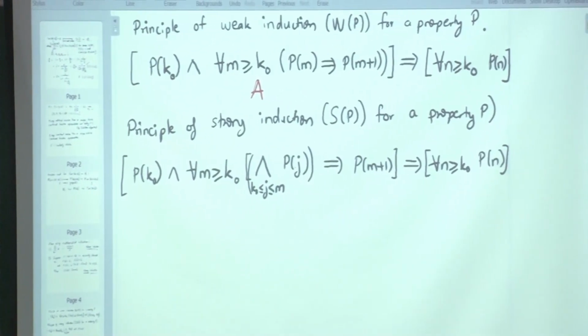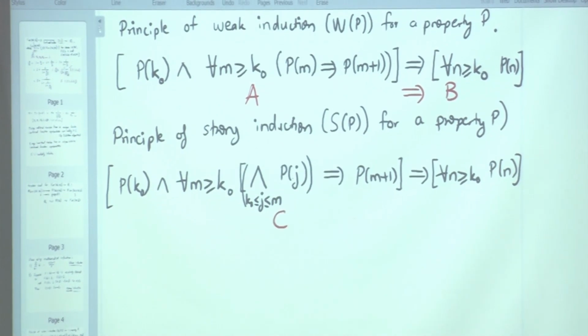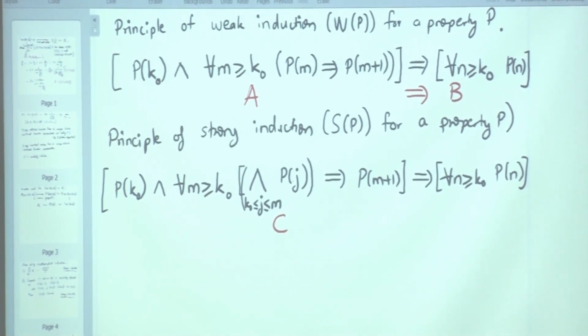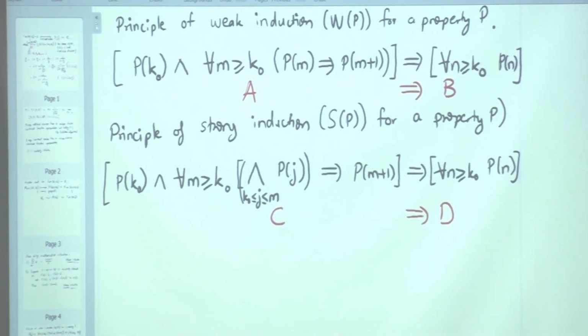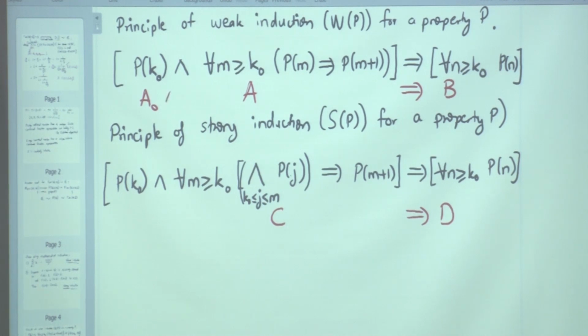So this is of the form A implies B, and this is of the form C implies D. A itself can be broken down into two pieces, A0 and A bar. So this is my A0 and this is my A bar. And this is my C0 and this is my C bar. So A0 stands for base case, C0 stands for base case of strong induction, and these are the inductive steps.